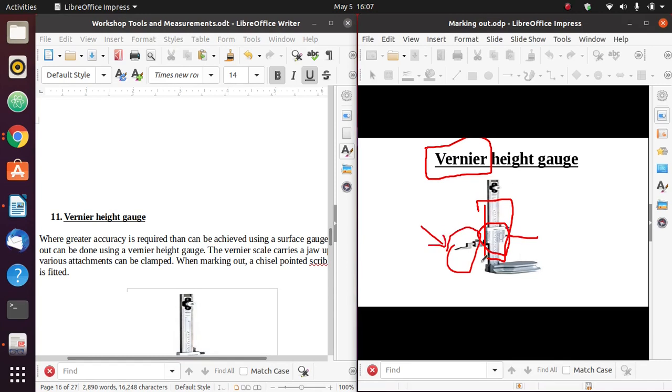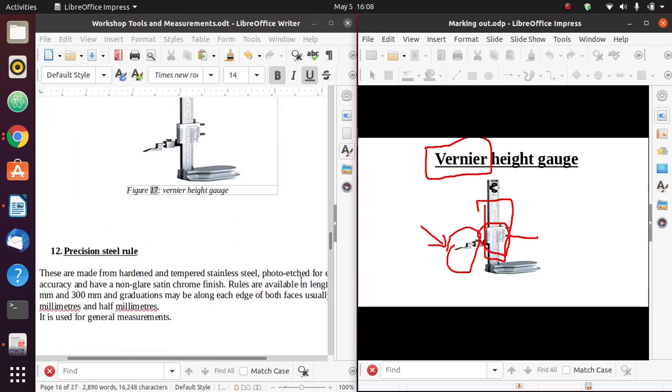So when it moves, I can mark according to this scale. So I'll send a video of this vernier height gauge so that you can see how it works. But we use it a lot instead of using a surface gauge if you want to have more accurate readings.